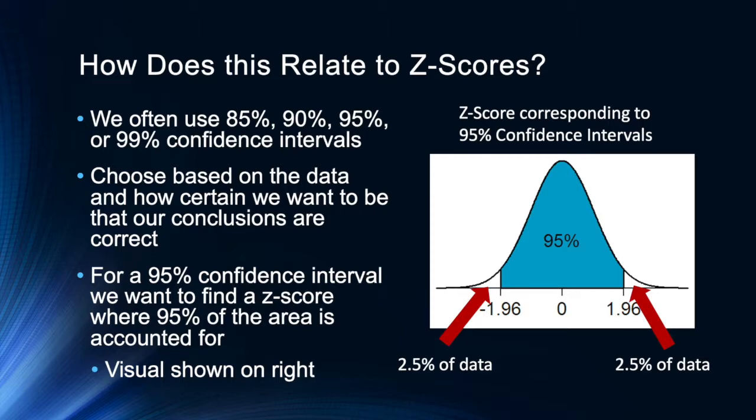If we were willing to tolerate more error, we would use, say, an 85% confidence interval or a 90% confidence interval.